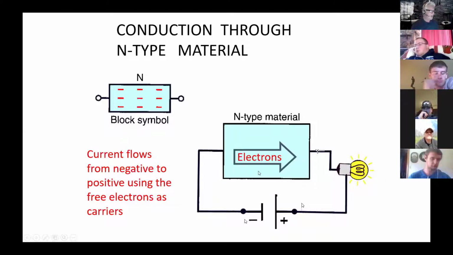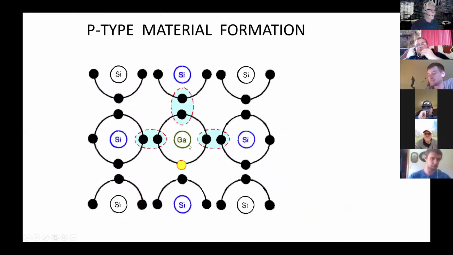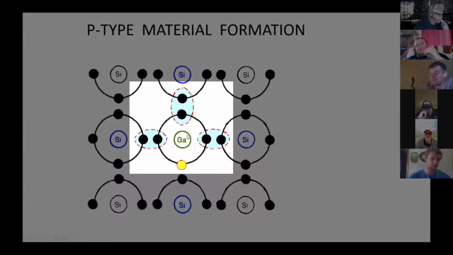But in any event, this acts not like a short circuit or an open circuit, but kind of like some sort of a resistor. It will let current go through it, but with some impediment. Now the P-type, now we have a substance that has an absence of an electron.